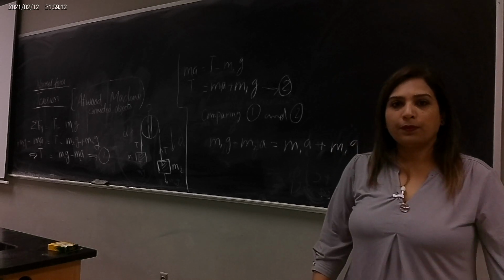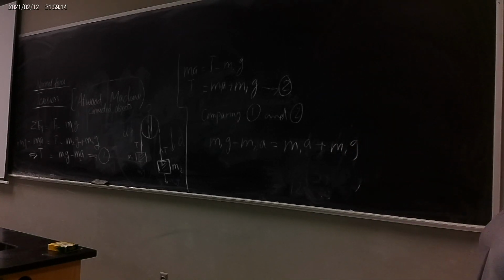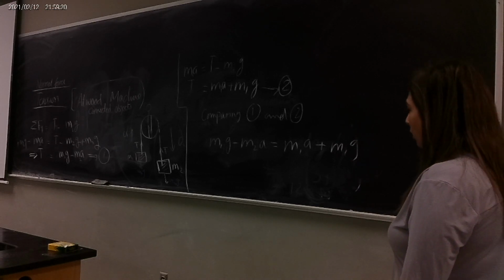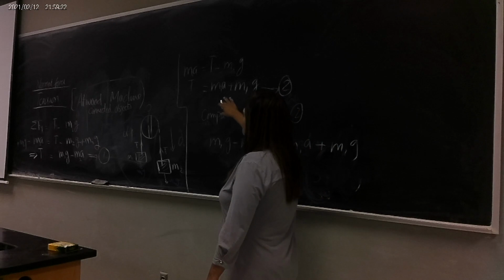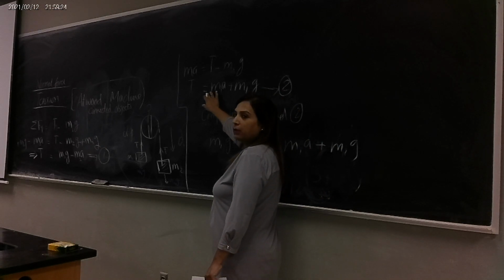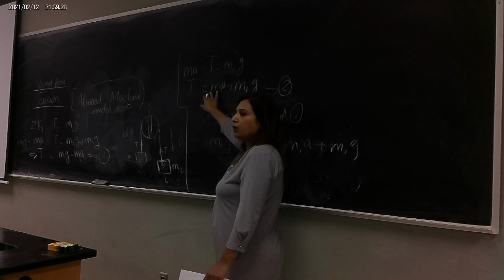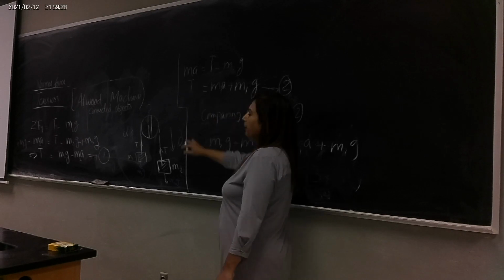Right? It looks very complicated, but in fact it is not complicated at all. This just uses the basic idea of tension being the same throughout the string, and acceleration being the same throughout the string as well.